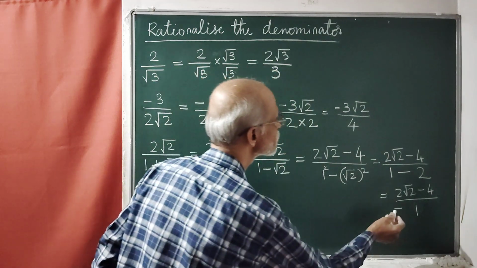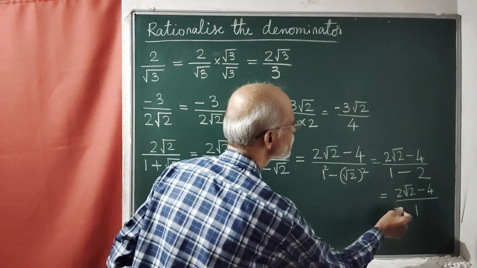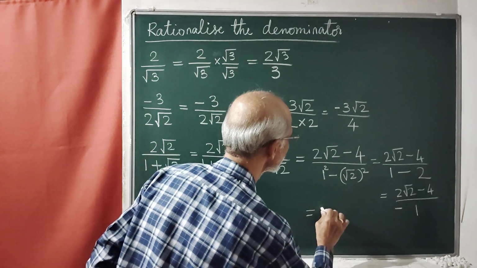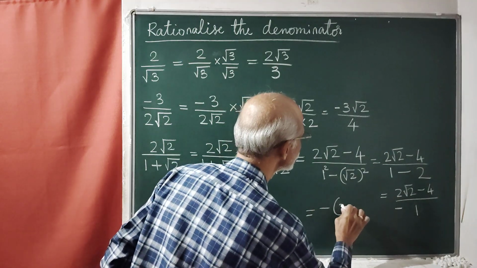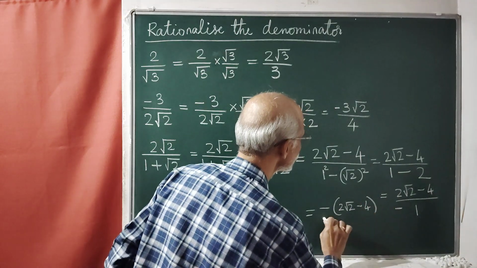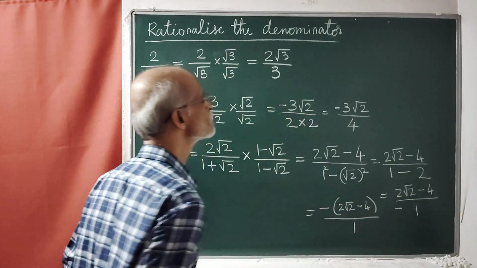This minus 1 will go up. So what we'll get? Minus 2 root 2 minus 4, the whole divided by 1.